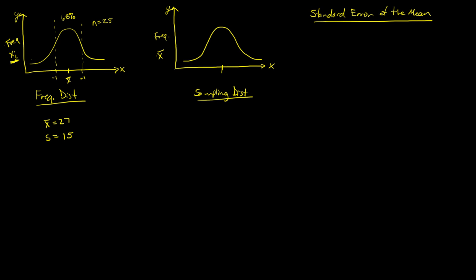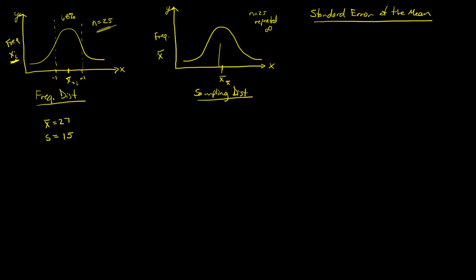Well, the mean to the left was the mean of the Xi scores. Here it is a mean of sample means, where we have replicated n equals 25 an infinite number of times. We get a distribution, we get the mean of that distribution, and that mean is based on sample means.